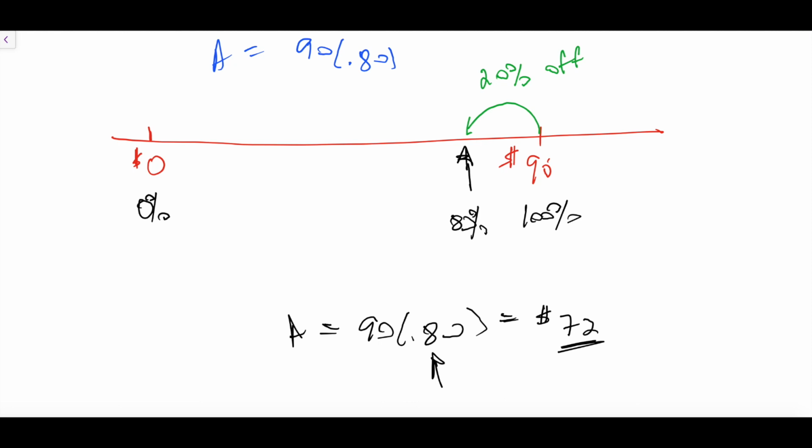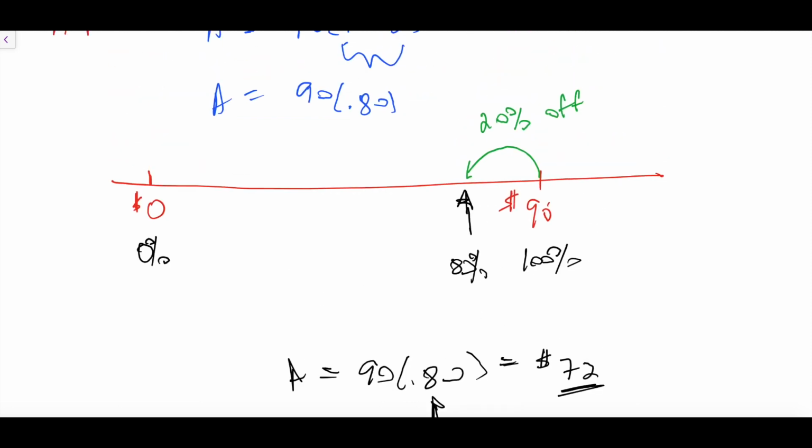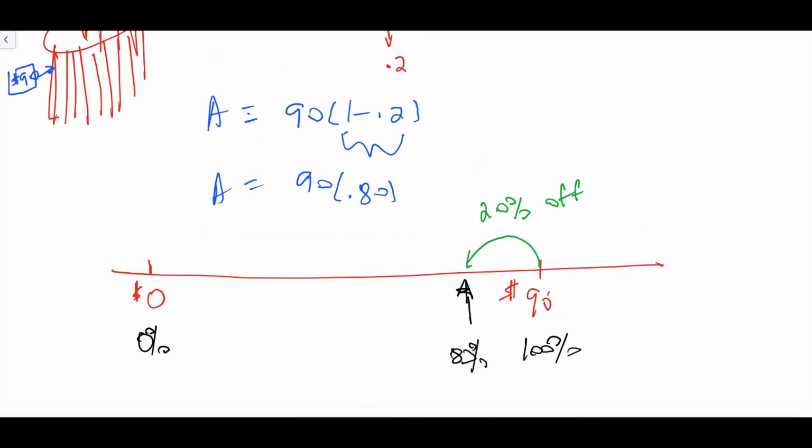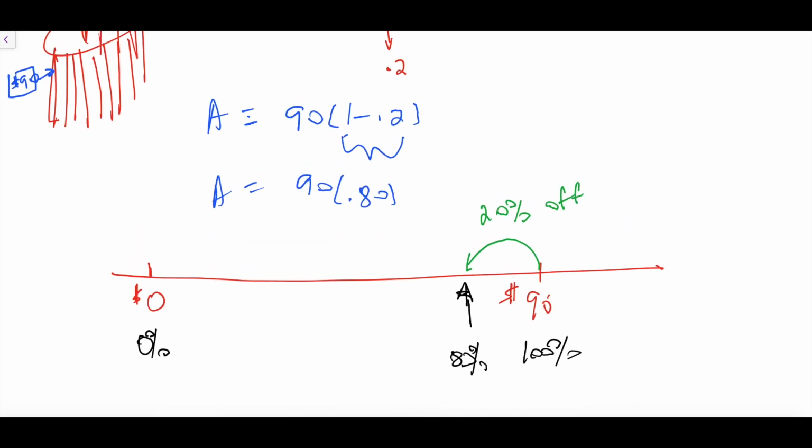So when they ask what's the percent change, if you were to answer a percent change question, you have to imply the up or down. So you would say 20% off, or I guess you'd say a 20% decrease.